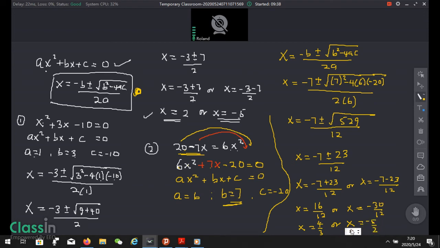And these are our answers. You can check if the answers are correct by putting x equal to 4 over 3 into the original equation to see if the left-hand side and the right-hand side will be the same. If it's the same, it means it's correct. You can do the same for the other one.